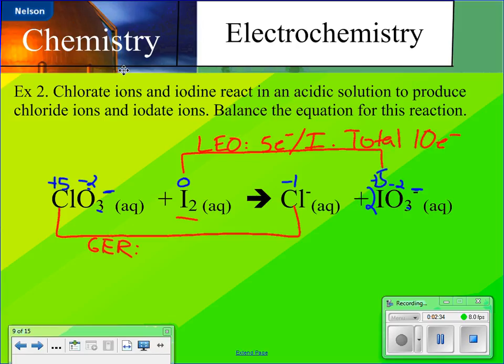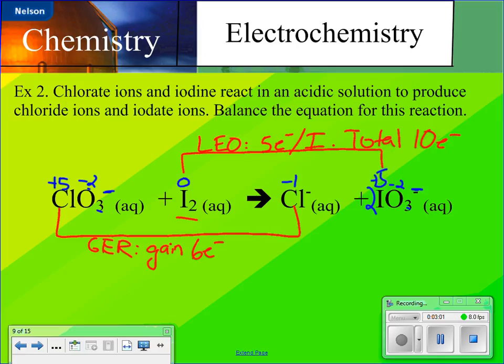Gain electrons reduction, chlorine goes from +5 to -1. So this is a gain of 6 electrons. Okay, now here's where step 4 differs a little bit because it's not just a half reaction, we have both. So remember, total electrons gained equals total electrons lost.